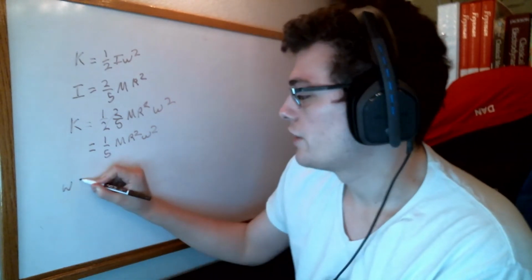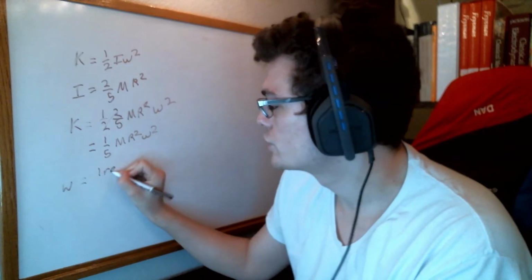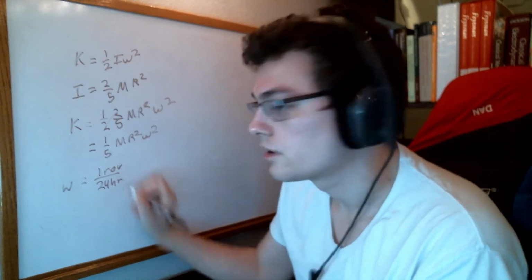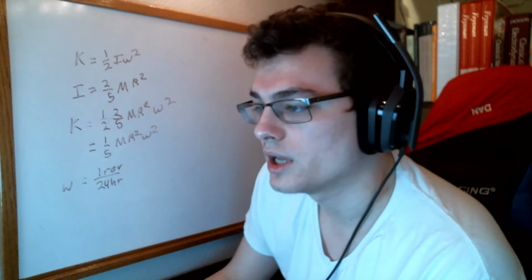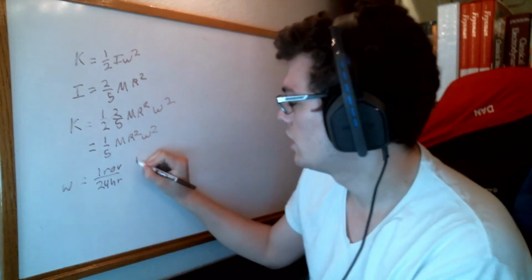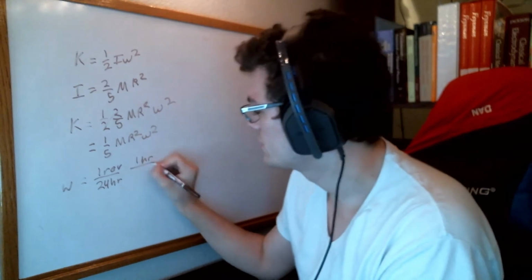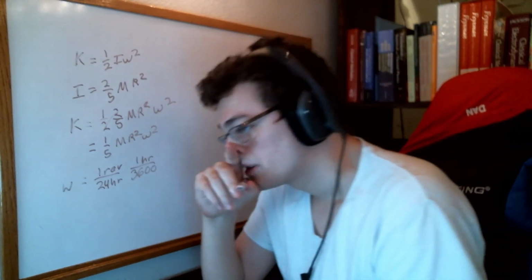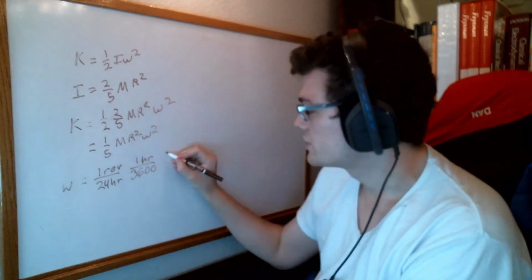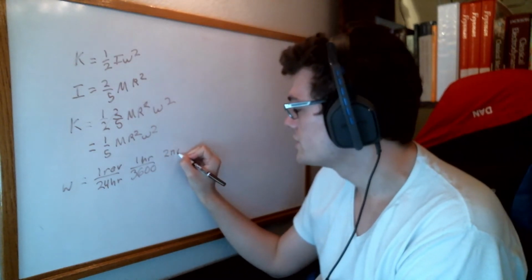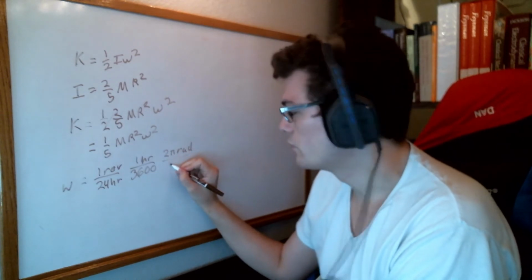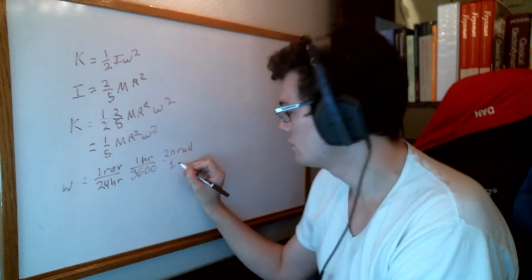So we're going to have one revolution for every 24 hours. And we know that 1 hour is going to be equal to 3,600 seconds. And so then we just have to say that we have 2 pi radians for every 1 revolution.